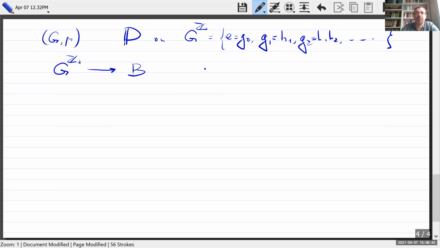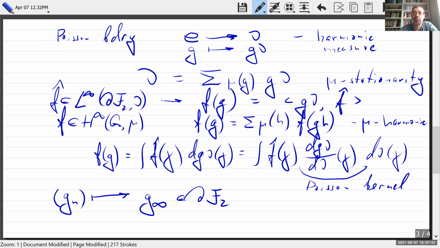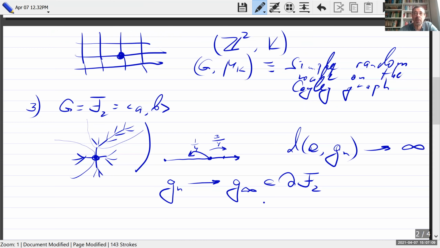So what does it mean? Well, first of all, I want this map, let me denote it by, let's say, bnd, to be, first of all, measurable, which was, of course, the case in this situation, because here the boundary map was just a limit. Limits are measurable.